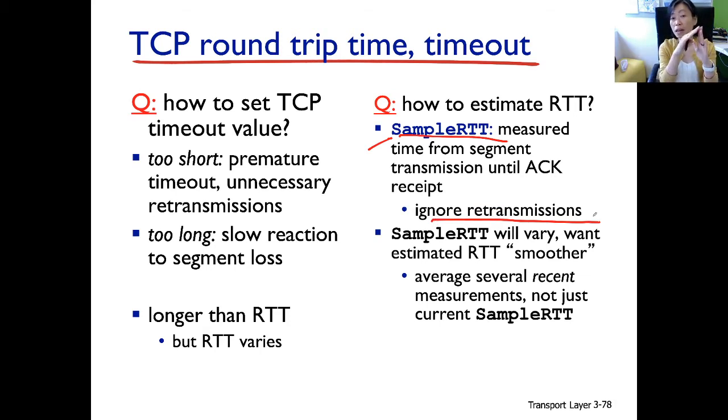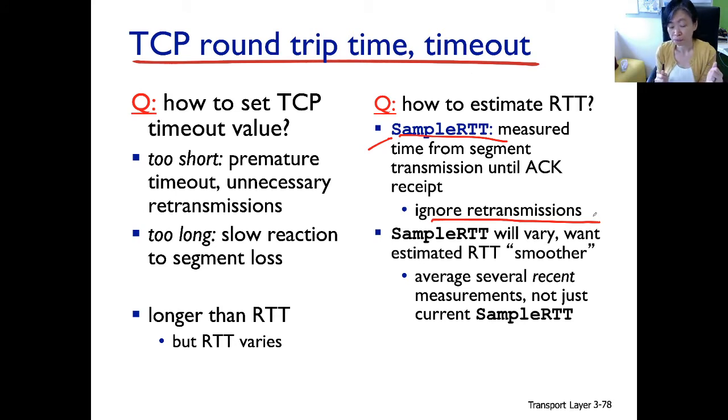Some of these data might get lost and therefore get retransmitted. When we receive an ACK for such data, it could be confusing. What is the right data sending time to subtract in order to be sure that this is really estimating just the round trip time and not covering a premature timeout?